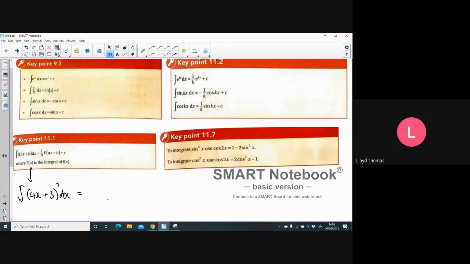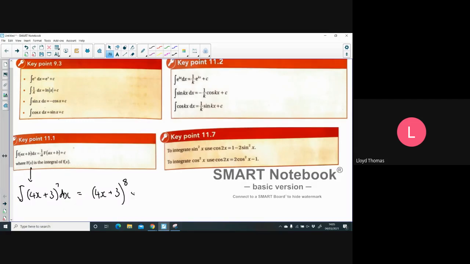If there is a bracket being raised to a power, we treat that bracket as staying exactly the same, like a normal term. We integrate, the power raises by 1, and you divide by that power.